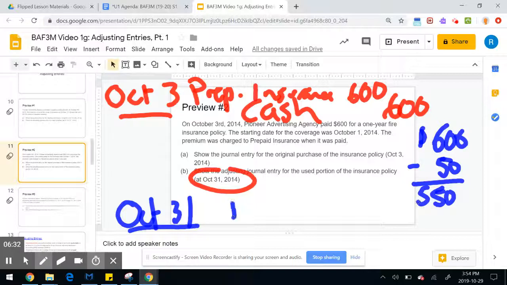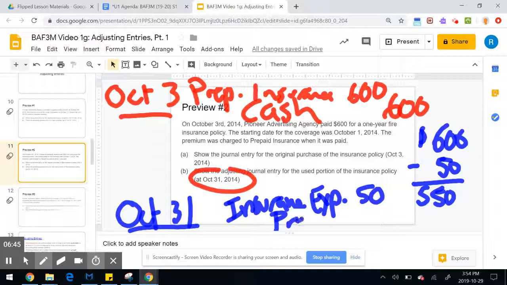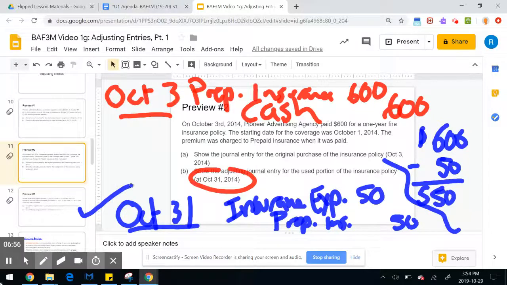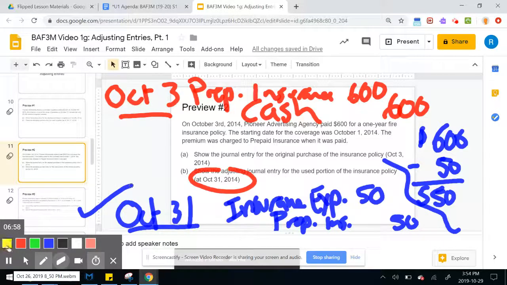We are going to debit insurance expense for the month of October by $50, and we are going to credit our asset prepaid insurance, which we bought for $600. We're going to decrease that by $50 at the end of the month. So this is our adjusting entry. I'll explain that a little more slowly later, after we talk about adjusting entries and what those are.